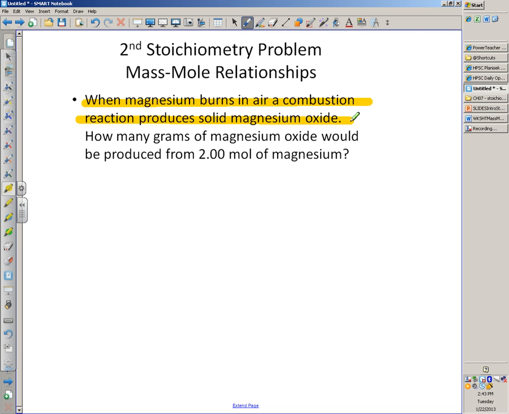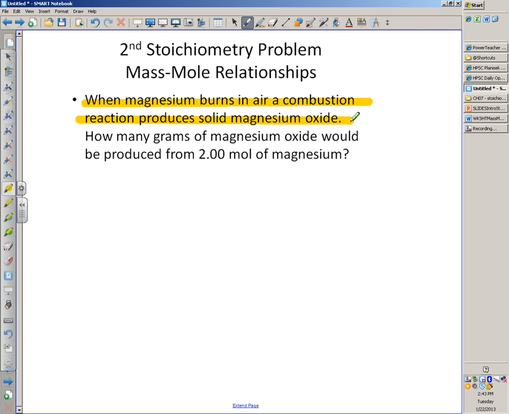Combustion, a reaction with O2. So it's MgO2?